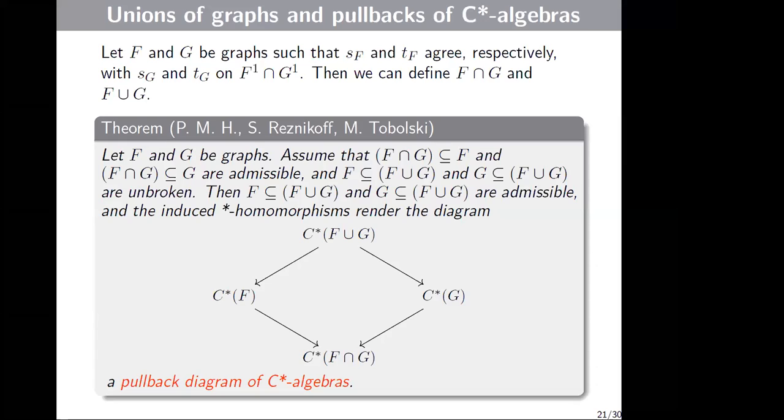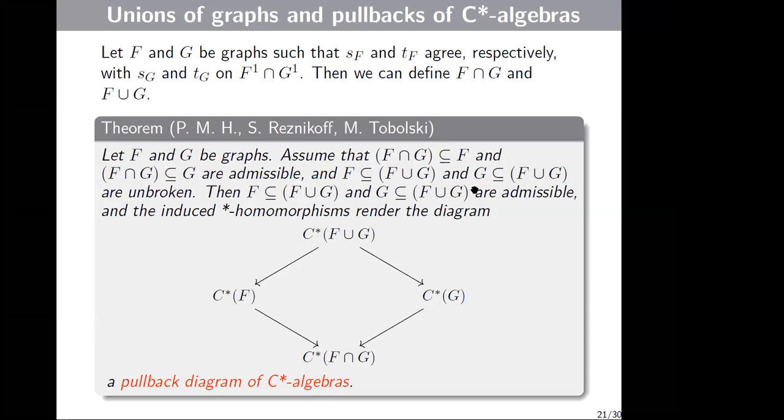So I assume that both of them are admissible. This gives me these two arrows, from C-star of F to C-star of F∩G, and from C-star of G to C-star of F∩G, which are well defined by the previous theorem. We have that. But we have to make one more assumption.